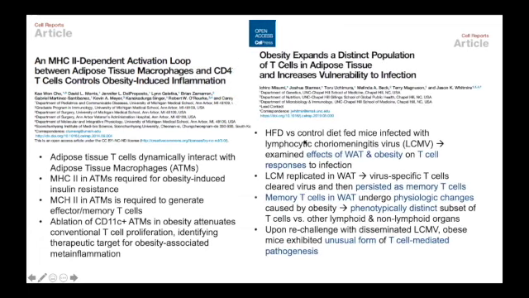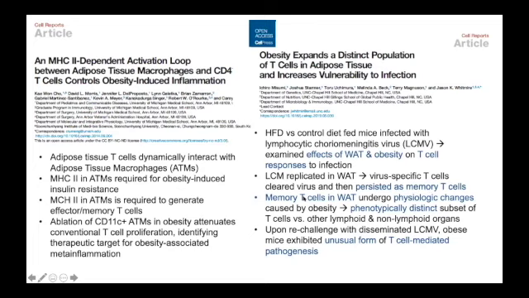This study looked at high-fat diet versus control diet-fed mice that were infected with lymphocytic choriomeningitis virus. And then they looked at the effects of white adipose tissue and obesity on T cell responses to infection. So they were able to show that the virus replicated in the white adipose tissue. Virus-specific T cells cleared the virus and then persisted as memory T cells.